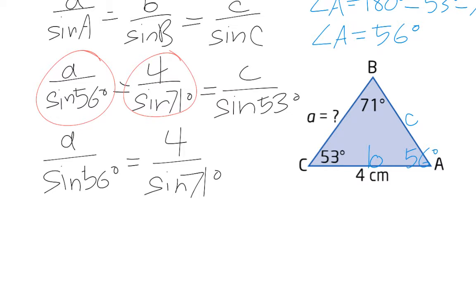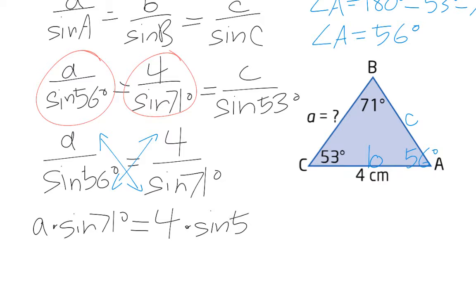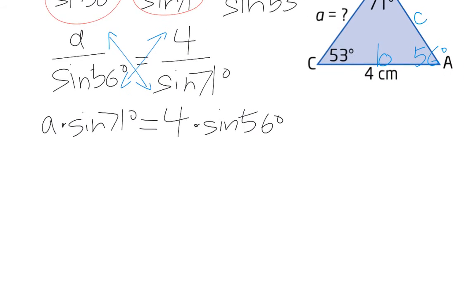You want to use your cross multiplication at this point. So I have A multiplied by sine of 71 degrees, and I have 4 multiplied by sine of 56 degrees. Keep in mind, you want to isolate the variable of A, but A is stuck with this sine of 71 degrees.